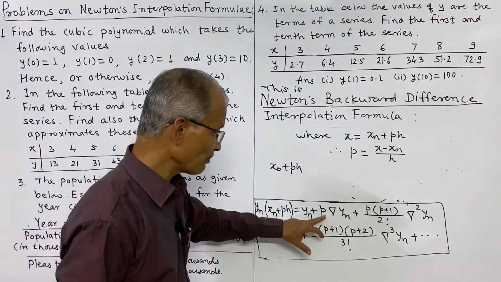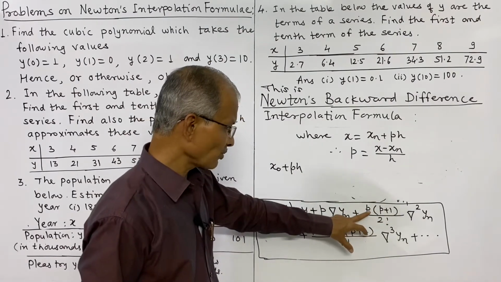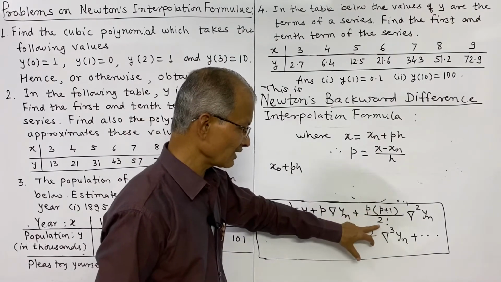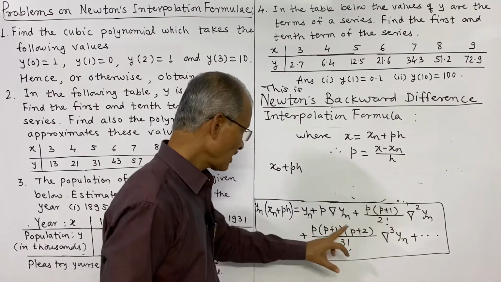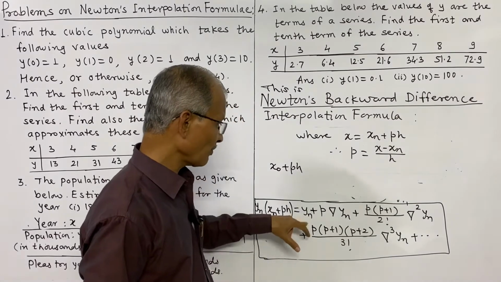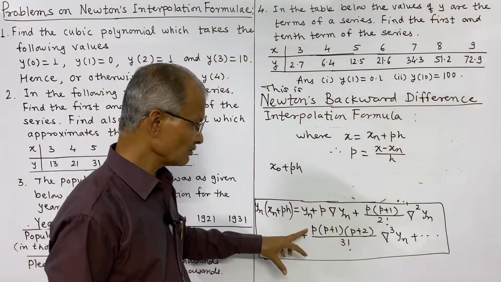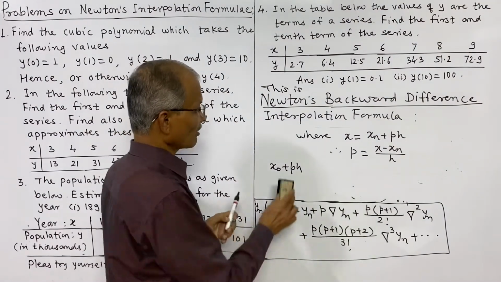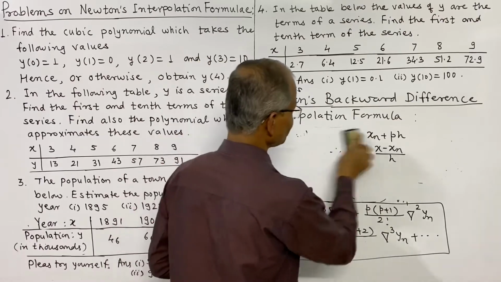P remains the same, but the binomial coefficients differ. In the forward difference formula, it is p(p minus 1) divided by 2 factorial delta square at y0. Here it is at yn, and for forward difference it is y0. These are the differences we have to note.